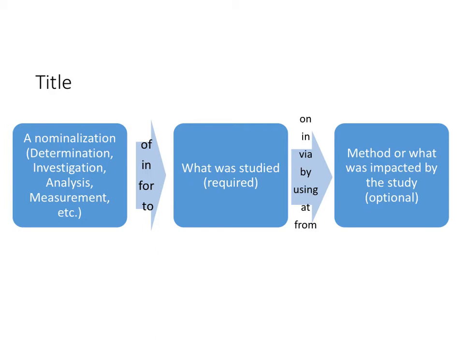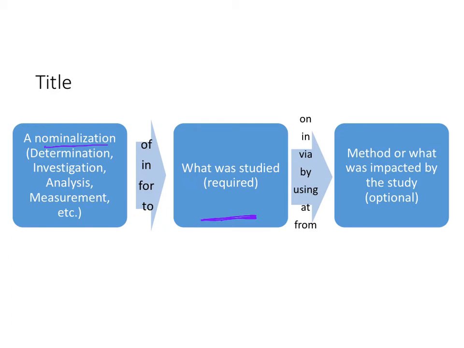After studying hundreds of different articles and looking at their titles and figuring out the parts of the titles, the authors of the Write Like a Chemist book came up with this sort of plan. And that is, first you include some sort of nominalization, so determination of, investigation of, analysis of, measurement of some sort of thing, and that's what was studied.